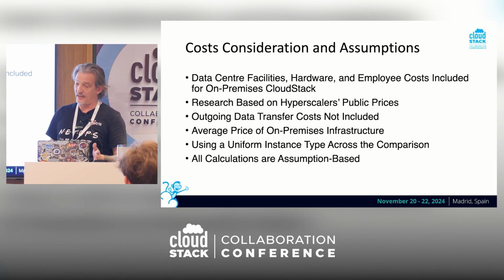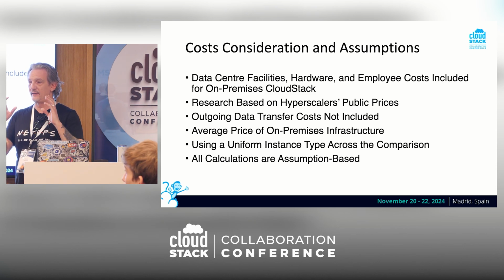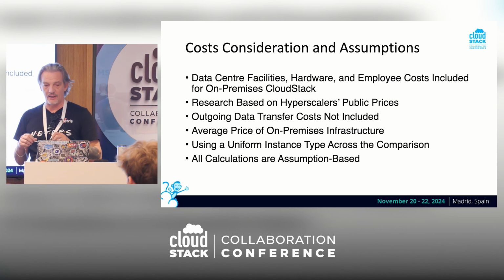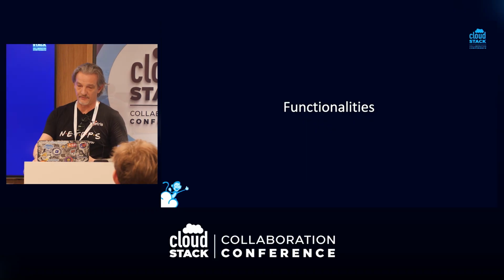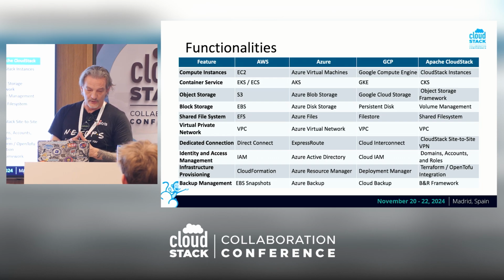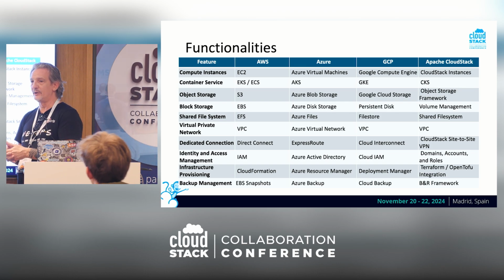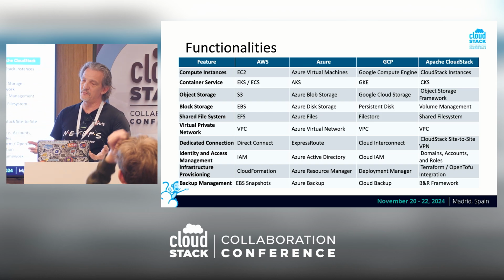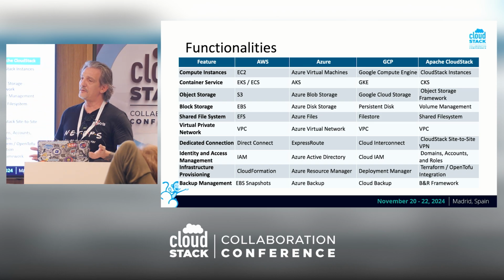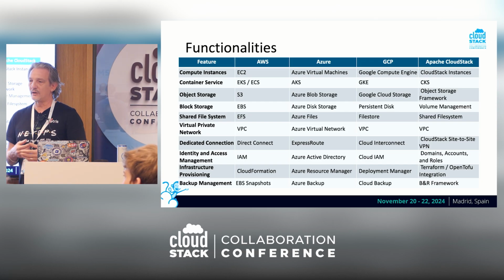For all of the hyperscalers and also for the on-premises, I am using the same instance type for all of them to have a fair comparison. As I said before, CloudStack offers the core infrastructure as a service that, in my opinion, 90% of companies need is what CloudStack can cover.